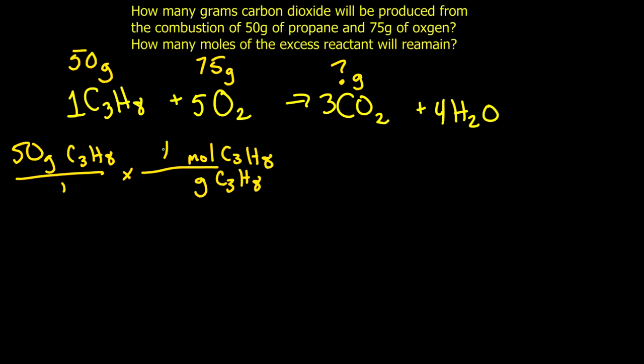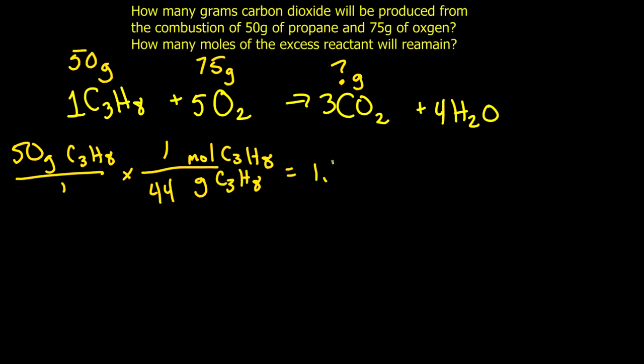So let's use our periodic table in our calculator. I am going to round my molar masses to the nearest whole number. So carbon is 12, there's 3 of them. Hydrogen is 1, there's 8 of them. So that gives me a total of 44 grams per mole. So 50 divided by 44, I get 1.14.